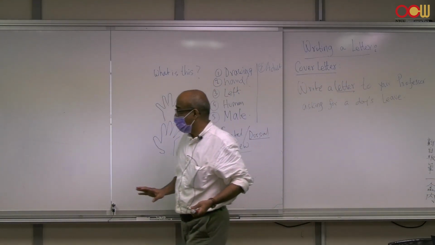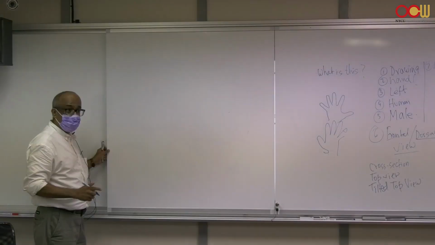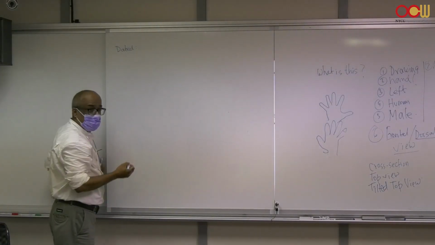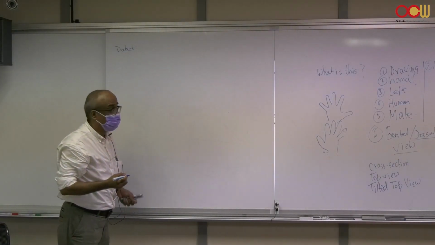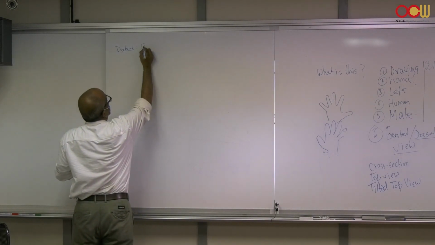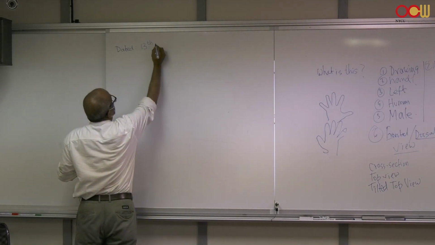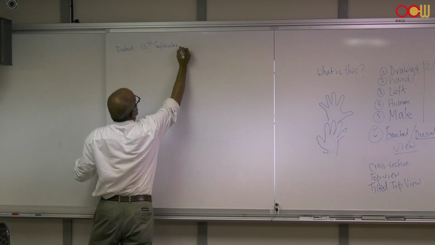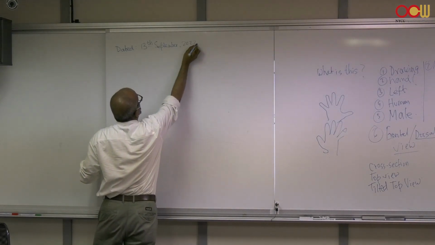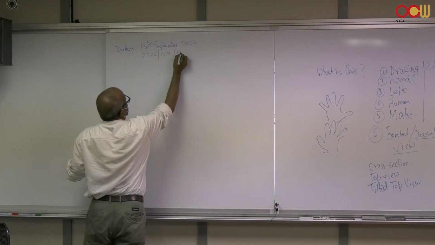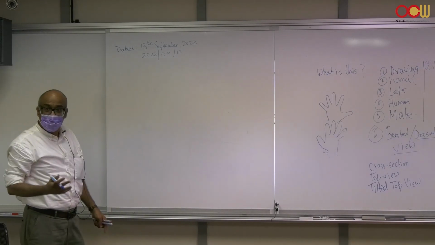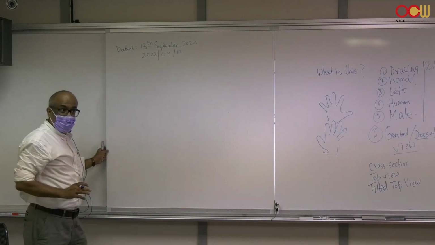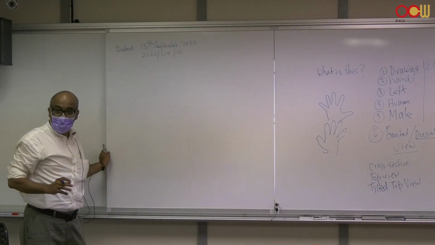Okay, so now I write a letter. First thing, today is the 13th? You can write 13th September 2022, or any other format is okay. This is the first thing you do. The next thing is, to whom are you writing this letter?